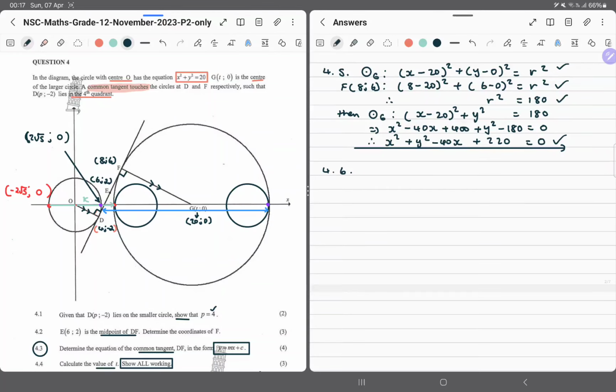Now again, what did we notice? We noticed that our r squared here essentially came out as 180. Now what is the square root of 180? This is 36 times 5, so this is going to be the square root of 36 times the square root of 5, so this is going to be 6 root 5.